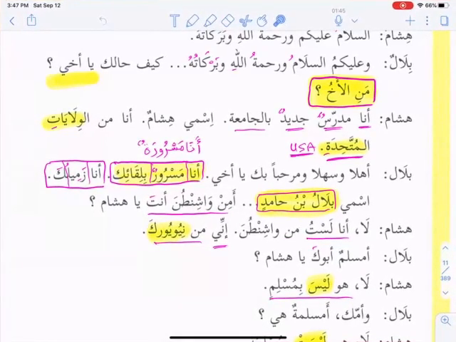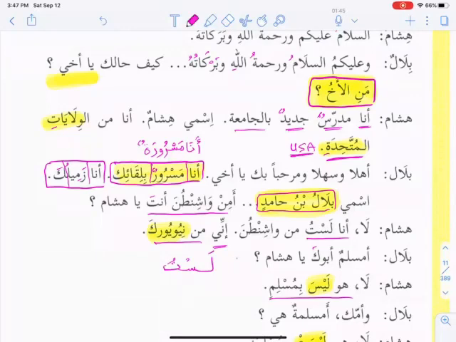Fi'lun madin, nakisun, and jamidun. You have to add one more thing. I'll write it down, but I'll be repeating it all the time whenever it comes. Hopefully you will, inshallah, never forget. Laysa, okay.